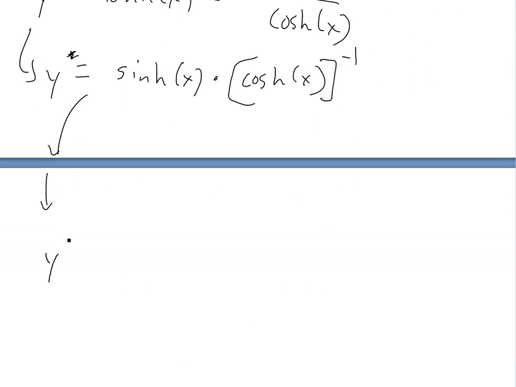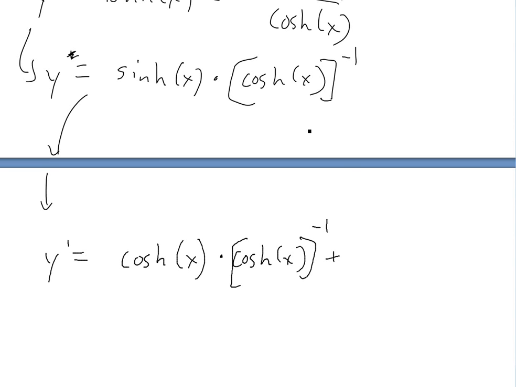We're going to have y prime equal to, well, the derivative of sinh is just cosh x, times cosh x to the negative 1, and then I'm using the product rule, the plus. Now we do the derivative of this one.